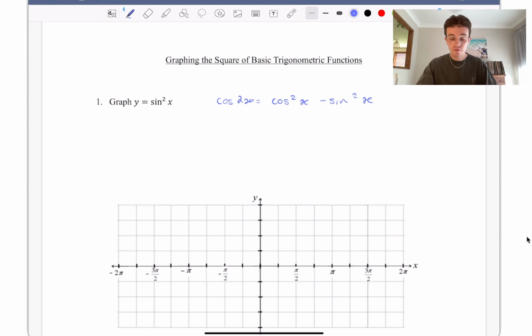Now we want something for sine squared of x, so we could say that sine squared of x is equal to cos squared of x minus cos of 2x. Now we know that cos squared of x is 1 minus sine squared of x.